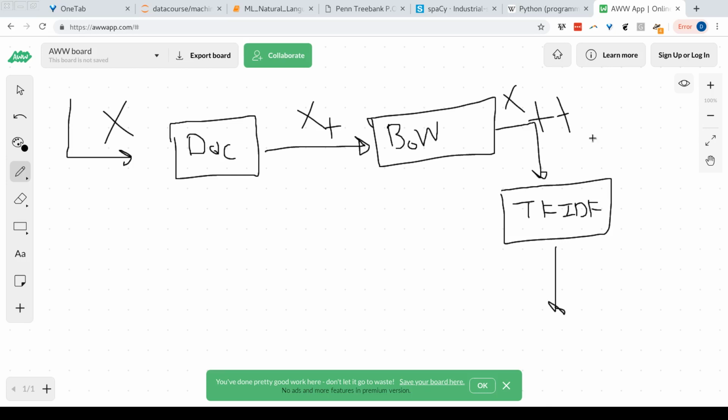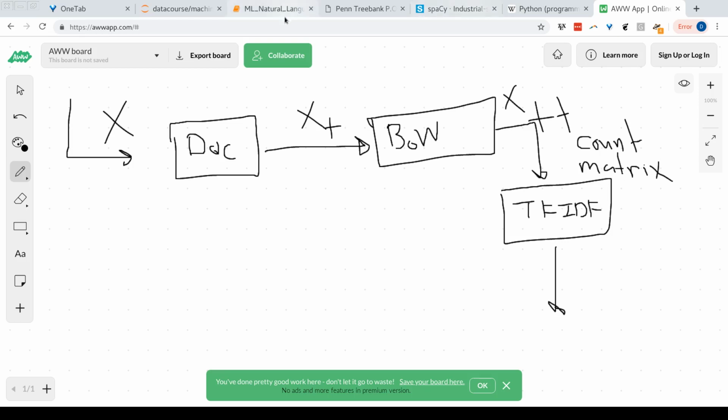So right here, this is a count matrix. So that's what the transformer is going to do. As input, it's going to accept the counting matrix.